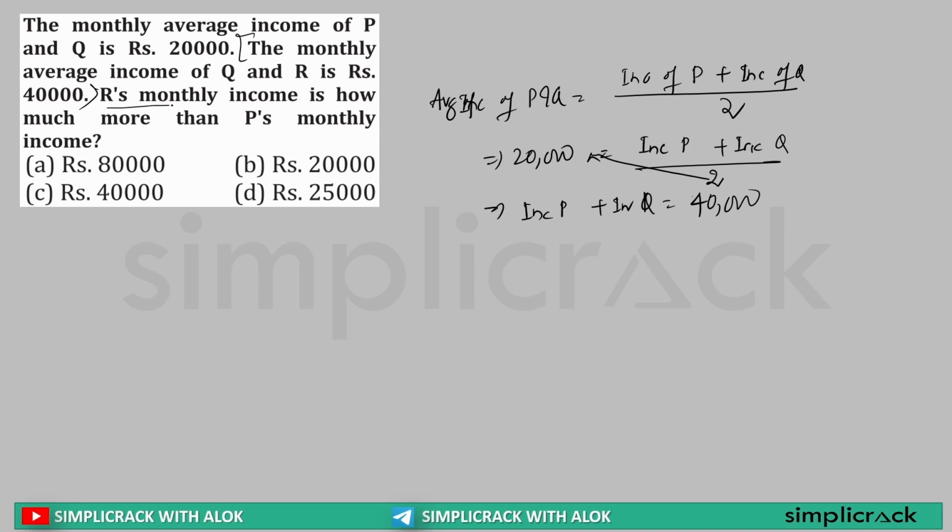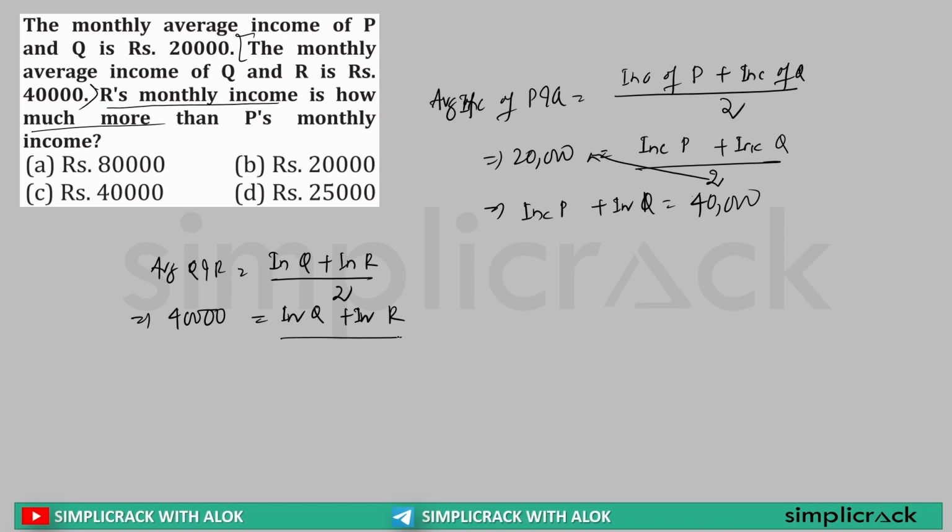Then sir, R's monthly income is how much more than P's? Now understand this. The average of Q and R means income of Q plus income of R divided by 2. Sir, here the average is given as 40,000, which is equal to income of Q plus income of R divided by 2. Here I have written the short form for income. Okay. Now this 2 will multiply here.